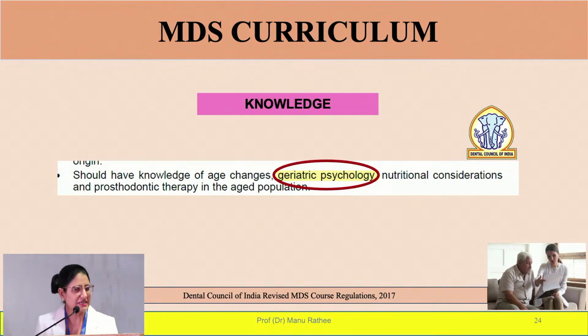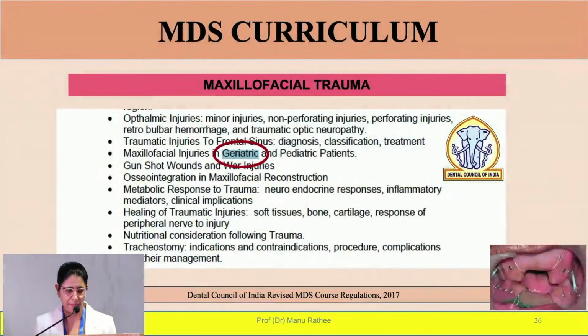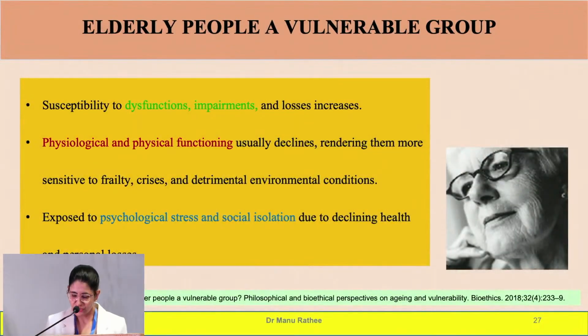Not only as a theoretical aspect, it has been included as part of the essential skills to be acquired by postgraduate students regarding geriatric patient handling. It is included in the cognitive domain of the curriculum as well, that includes geriatric psychology. In this specialty of prosthodontics, it finds a mention of assessing the oral health status of the geriatric population.